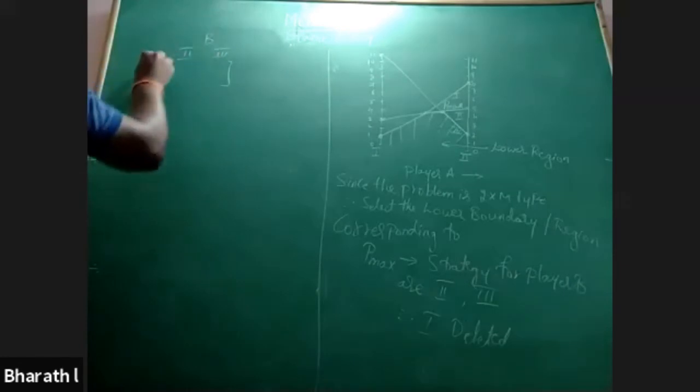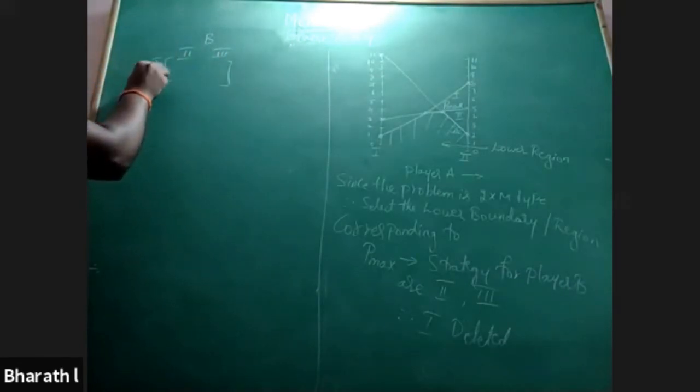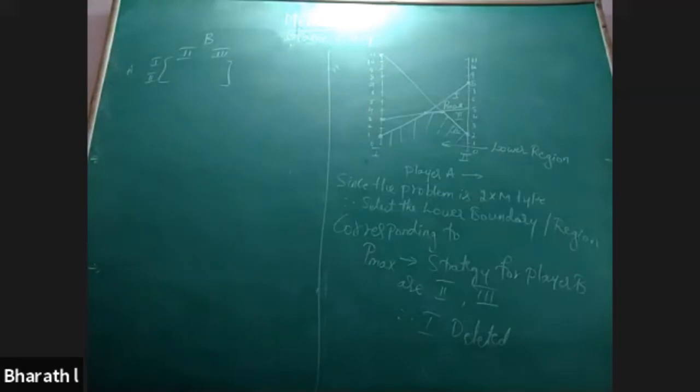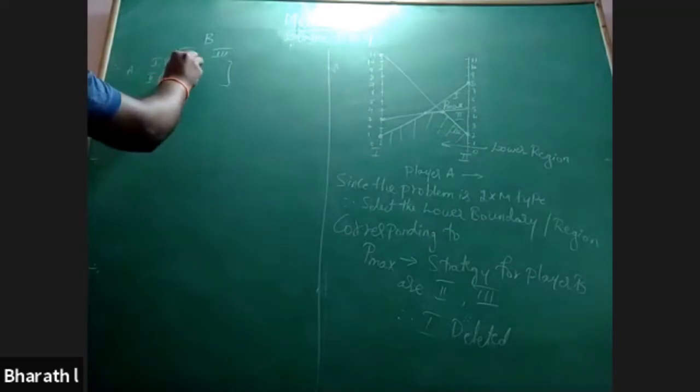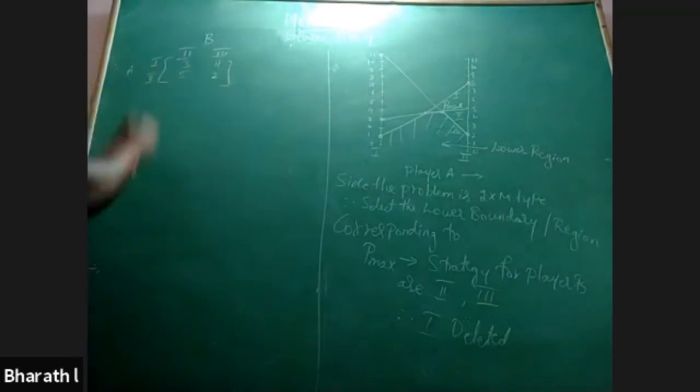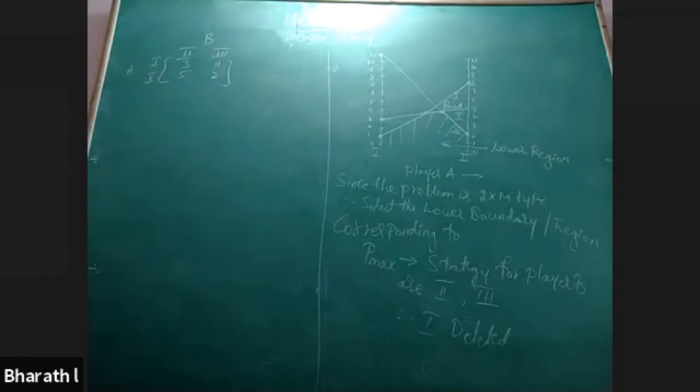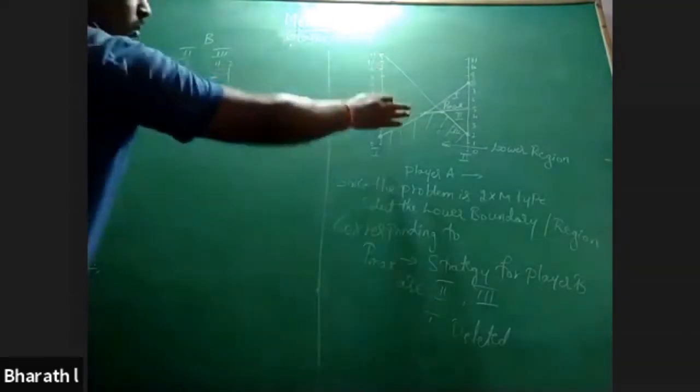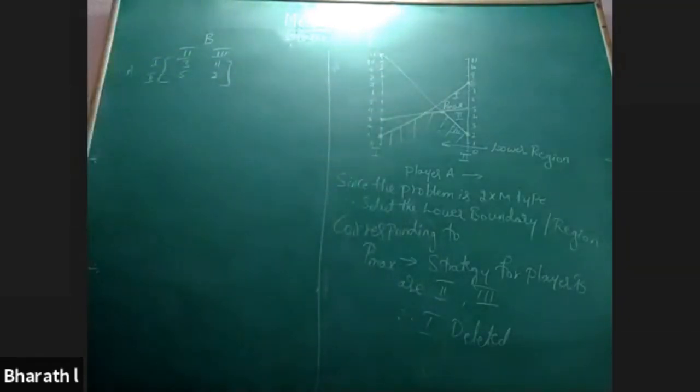for player B. For player A it is as usual 1 and 2, and the elements we will get are 3, 11, 5, 2.